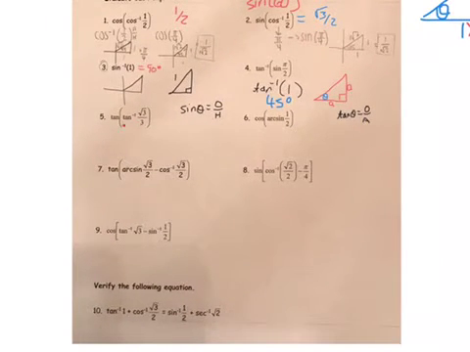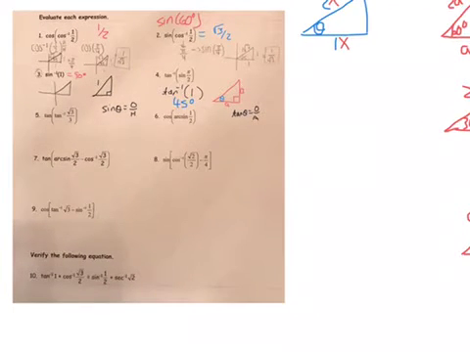Okay, so this one is the tan of what angle is radical 3 over 3. So if we were to draw that, let's just draw a normal looking triangle. And here's the angle in question. And again, tangent is opposite over adjacent.